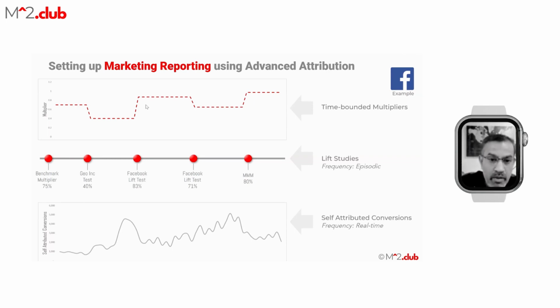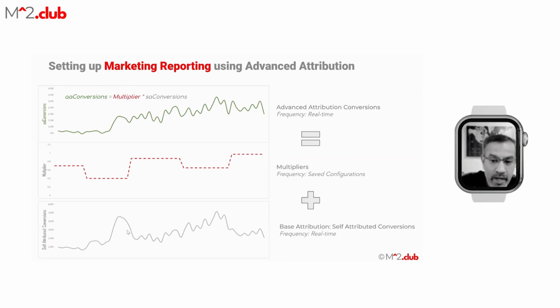And then when you take your last click reporting, imagine this is Facebook reporting, what's coming out of Ads Manager, let's say daily reporting, this is how it looks from a daily last click orders perspective. Now you can bring the two together: last click orders times multipliers gives you what we call advanced attributed conversions. Okay, so self-attributed conversions times multiplier equals advanced attributed conversions.